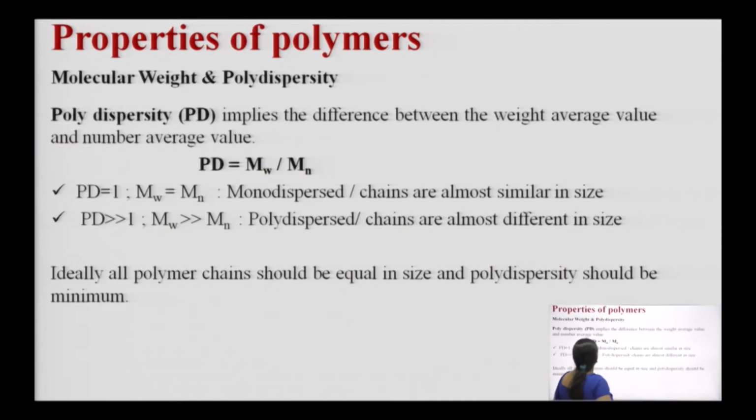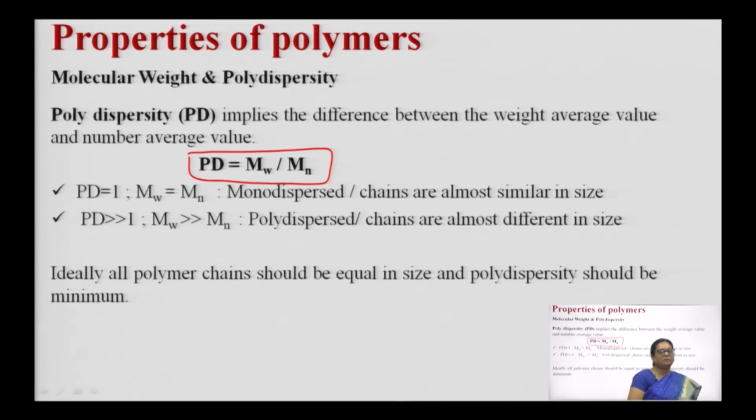Polydispersity basically implies the difference between the weight average value and the number average value of a polymer. Pd is equal to Mw by Mn.